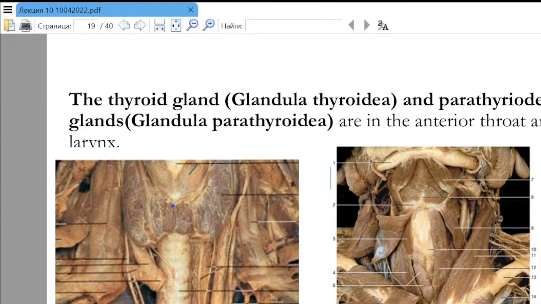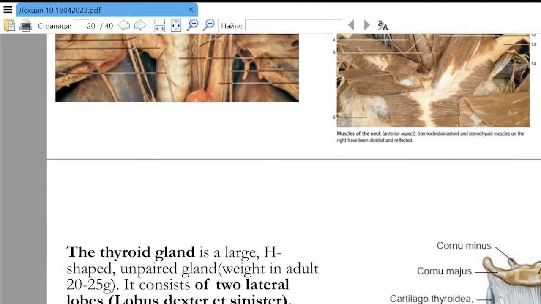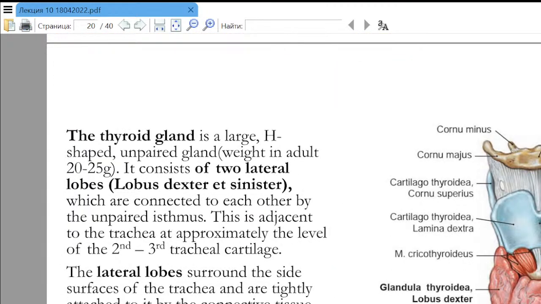On the surface, the thyroid gland is a large, H-shaped, unpaired gland.